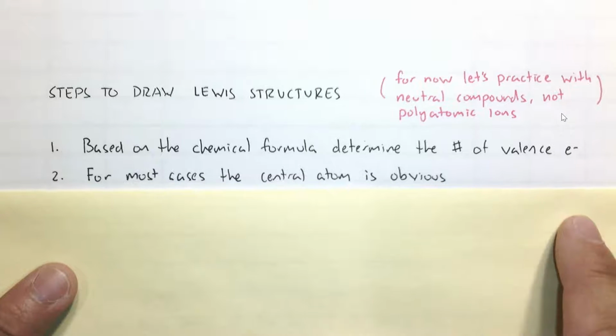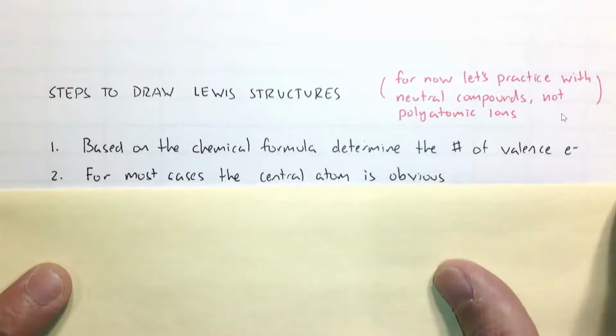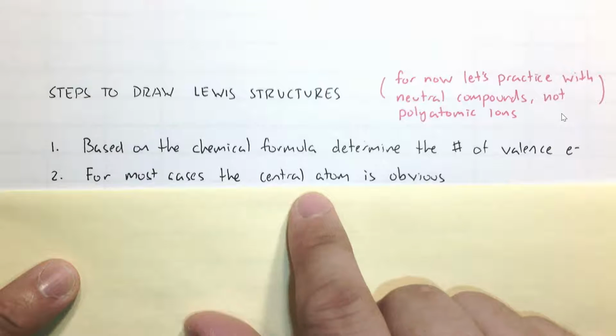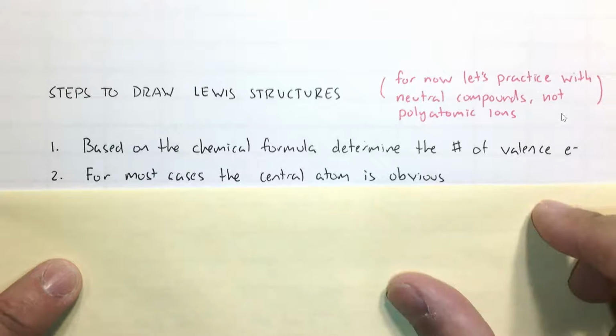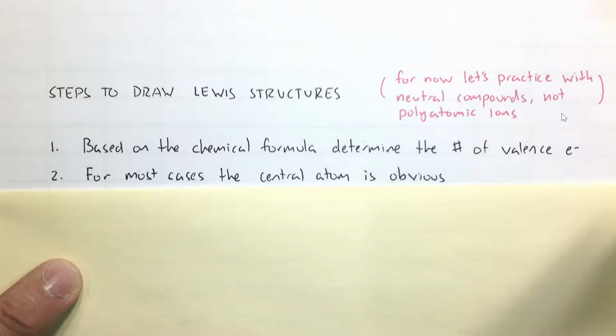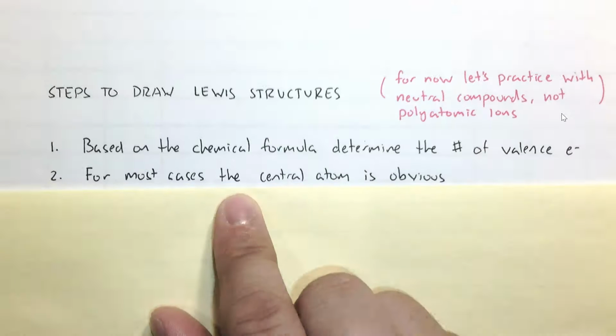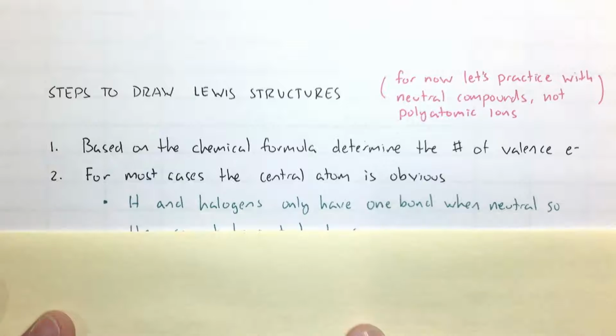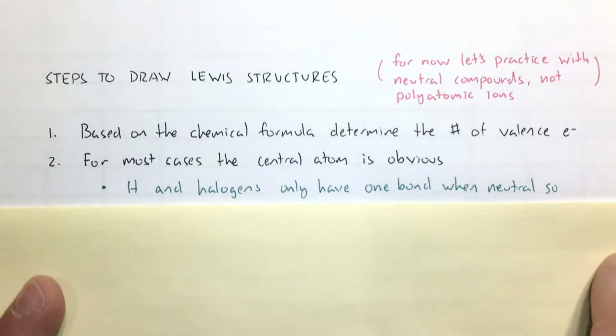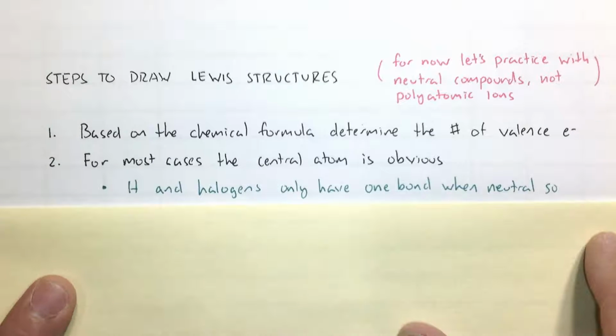And now, since we're putting together these atoms in some order, for most cases, I'm going to say the central atom is obvious. Sometimes it's not obvious and you'll be given a clue. Don't worry, we'll look at some examples in just a bit. I have some other hints about the central atom.